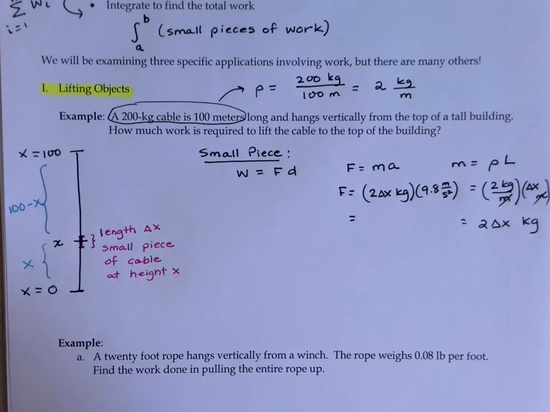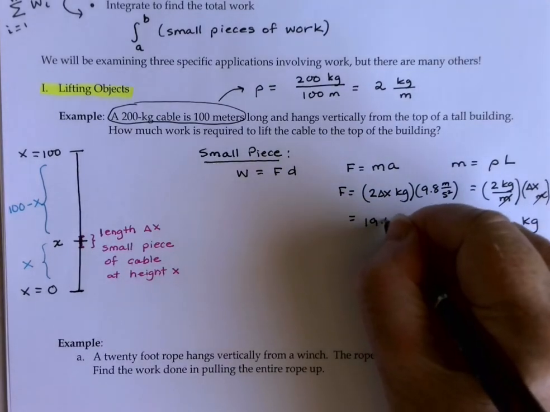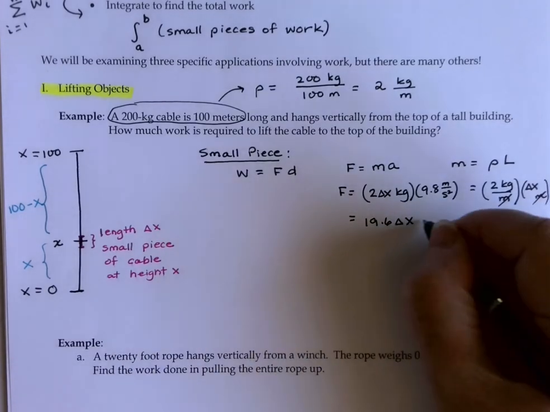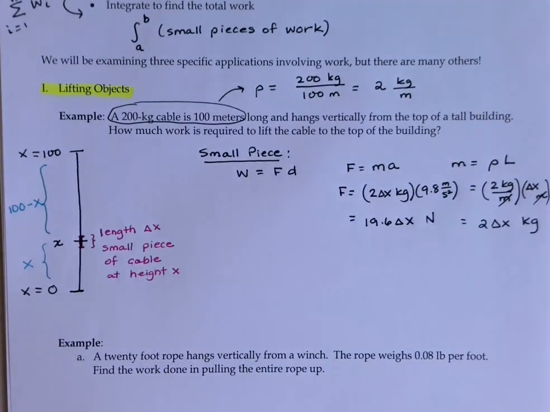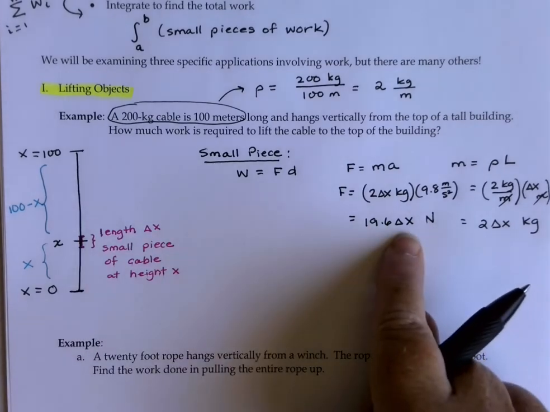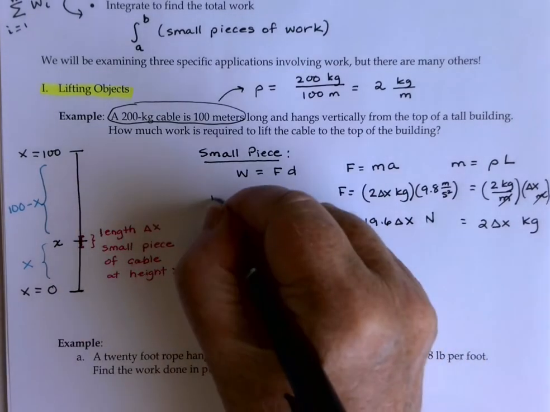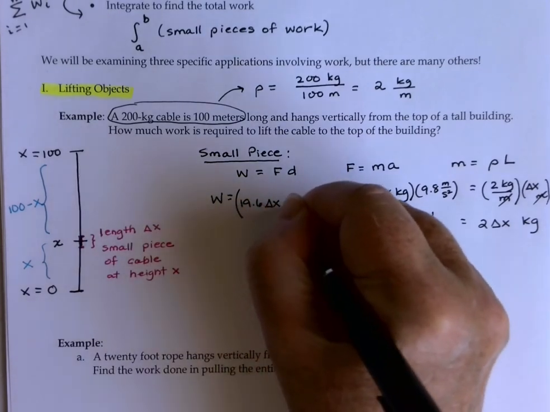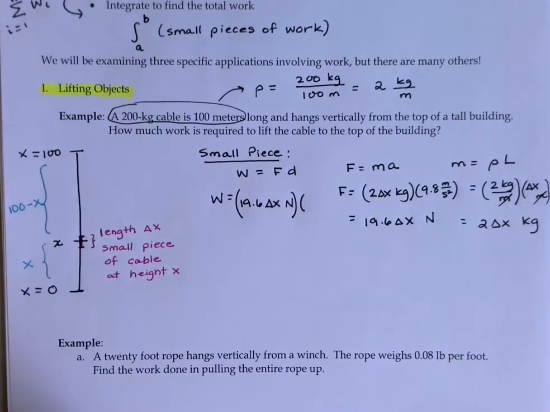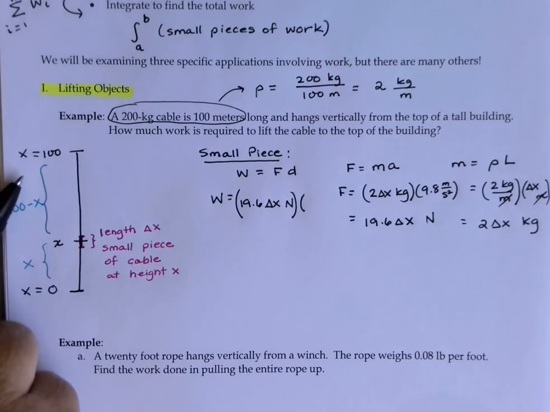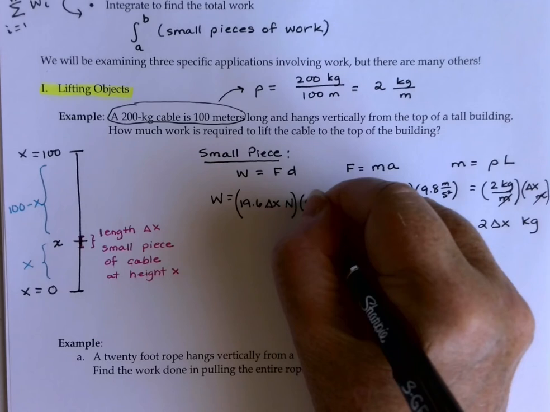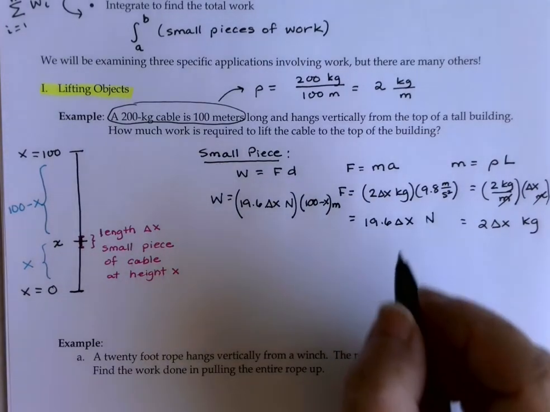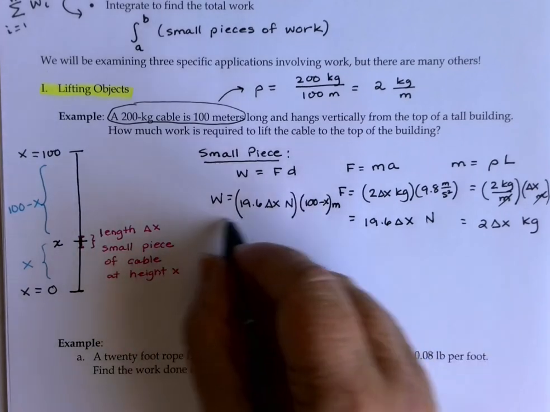If I multiply that, that's going to give me 19.6 delta x. And kilogram meters per second squared is actually newtons. All right, finally I have a force that I can plug in here, times the distance, and again, for this little piece, the distance I have to lift it is 100 minus x meters. Sorry, lots to squeeze in here. So ultimately, that's my expression for work.